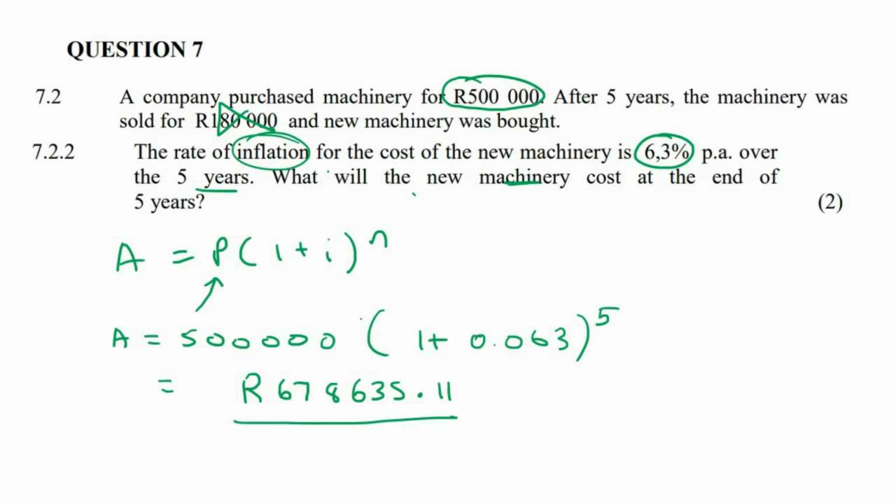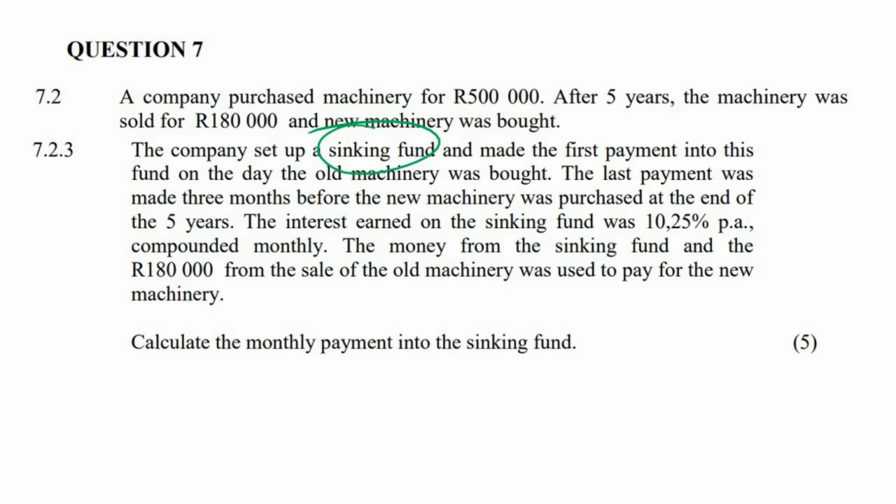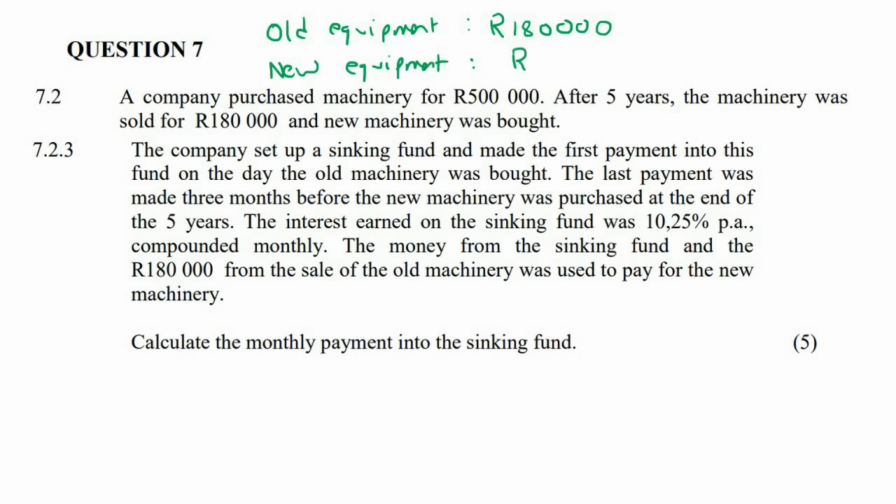So you can think about what's going to happen in the next part of the question. Let's quickly write that down. The old equipment is going to be 180,000. Remember when I did the example with the car, that became 120,000. And then what is the new equipment going to be? Well, that's the value that we just calculated, which was 678,635.11.